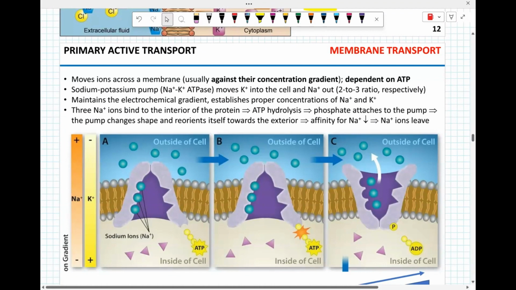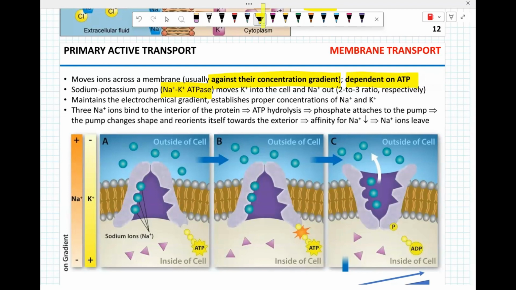So in active transport, as we mentioned before, ions are moved across the membrane against their concentration gradient. And we already mentioned that active transport depends on ATP. A good example of active transport is the sodium-potassium pump, or sodium-potassium ATPase.